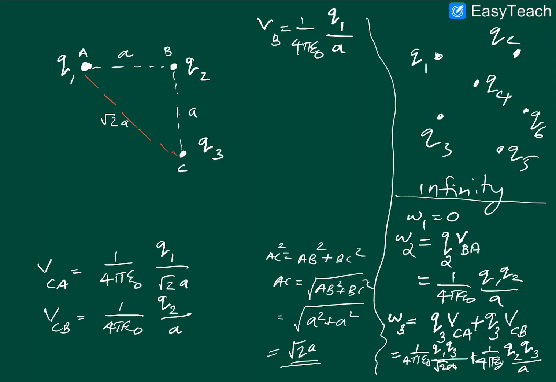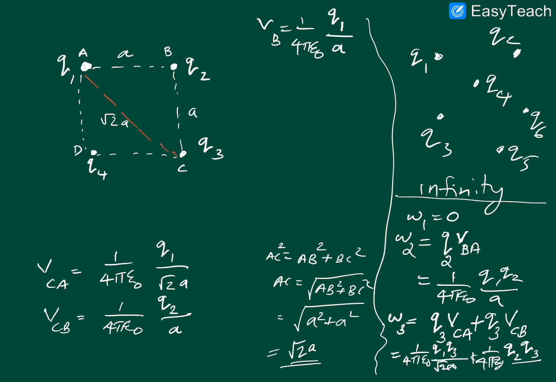Now you are having 3 charges, but your intention is to make a square. So bring the fourth charge. Your fourth charge will be at D. You will place the fourth charge at D. Now you got a square. At D, there will be potential created by 3 charges.